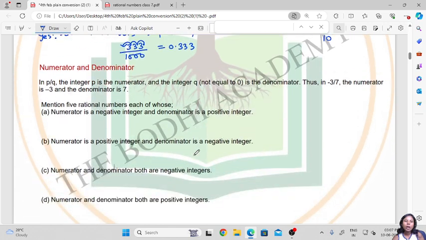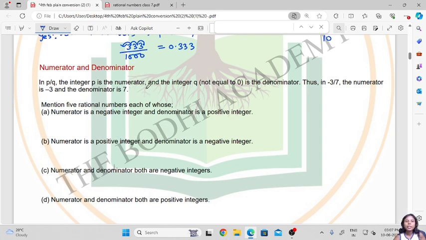Now let's talk about the numerator and the denominator. In p by q, the integer p is the numerator and the integer q, which is not equal to 0, is the denominator. Thus when we say minus 3 upon 7, the numerator here is minus 3 and the denominator is 7.